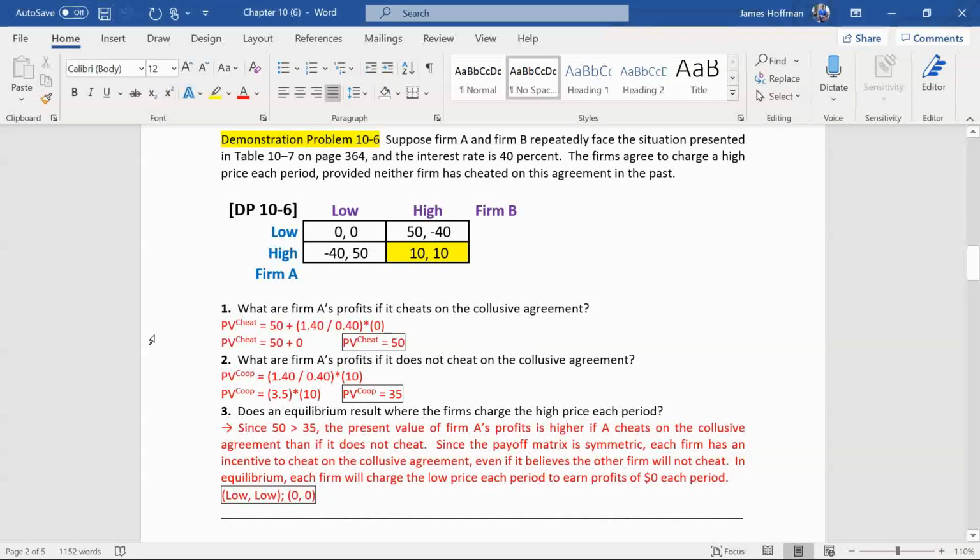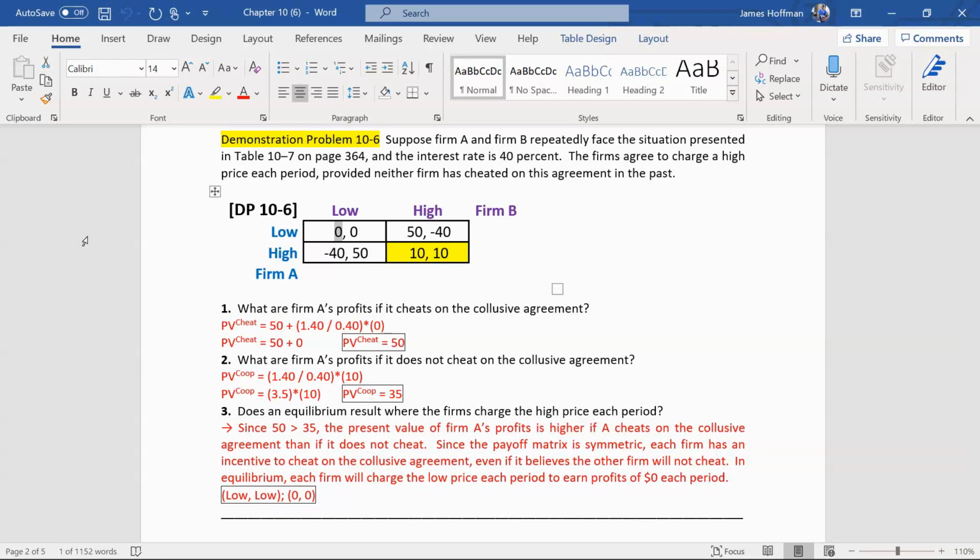Alright, so the present value of cheating. The payout changes if you cheat, so because it's being played over and over, if you cheat right away, you get this first. And then for the rest of the times you play the game, you get 0.